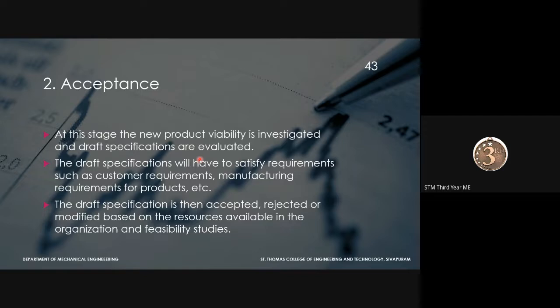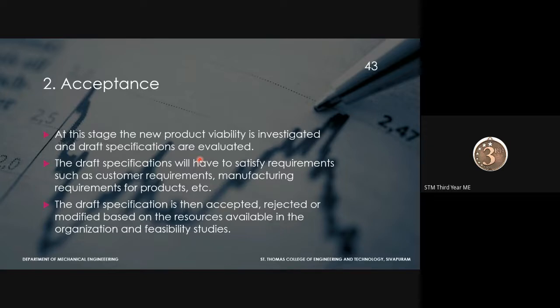So if it is keeping that draft specification, or it is doing the function for which it is being created, and if it can hold that function for a reliable period of time, so it does not fail under any type of stress for a longer period of time. So that is all the requirements of the customer, right? They require a product with high quality, minimum cost, which is having reliable strength. That is, it must be present for a longer period of time. If it fails immediately or after a short period of time, they obviously will not choose that product. They will go for another product from the competitive market. So we will be losing that customer.